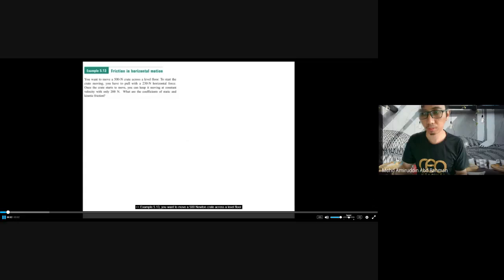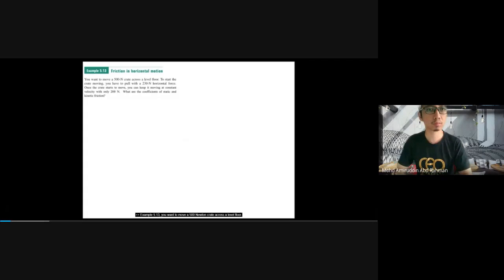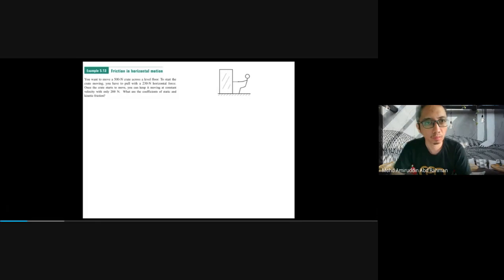Example 5.13, you want to move a 500 Newton crate across a level floor. To do this, you can apply a 230 Newton horizontal force to get the crate moving, as shown in the diagram. And after it breaks loose, you'll be able to keep it moving at a constant velocity with only 200 newtons. Given this information, we'd like to calculate the coefficients of static and kinetic friction.